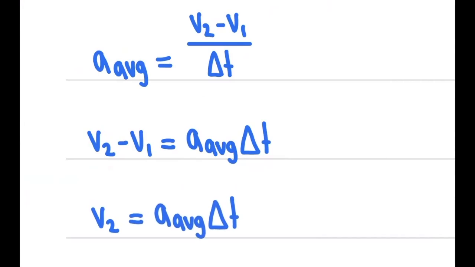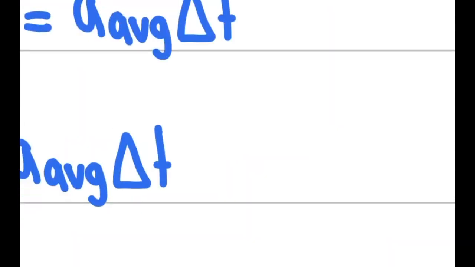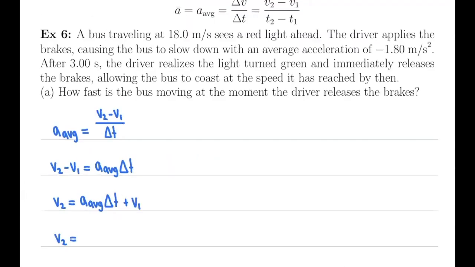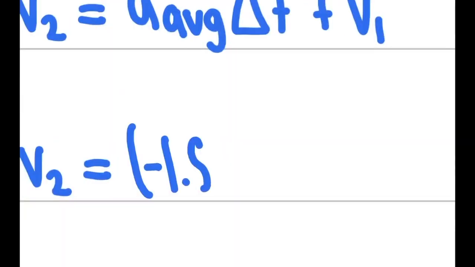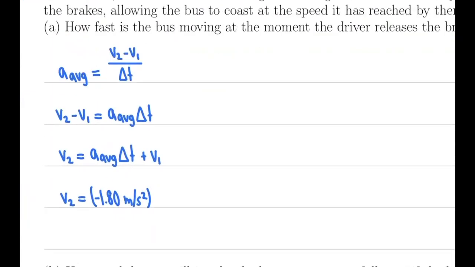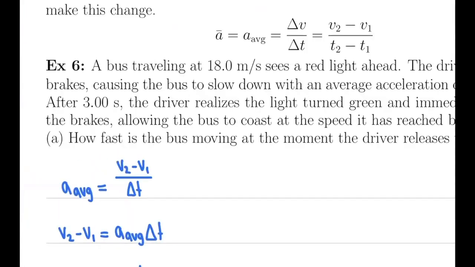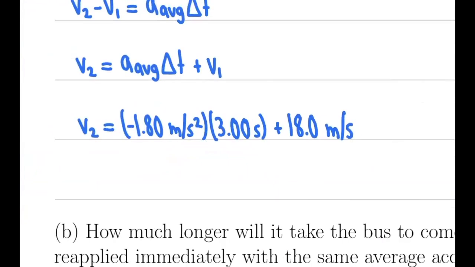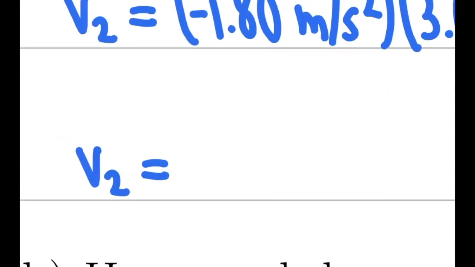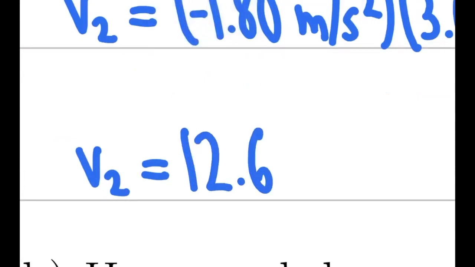So I get this plus v1. So average acceleration, negative 1.8. And accelerations in units of meters per second squared. The time interval, 3 seconds. Initial velocity, 18 meters per second. So if you do all the math, you'll get that the final velocity is 12.6 meters per second.